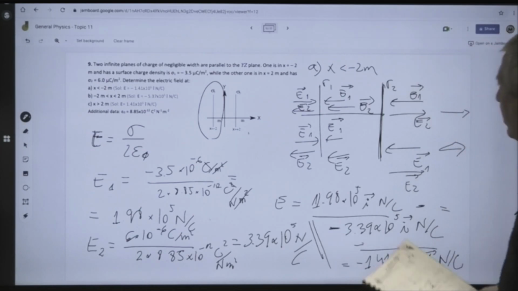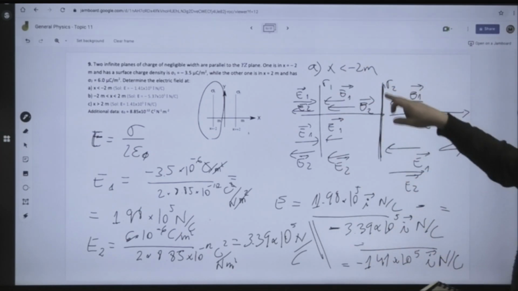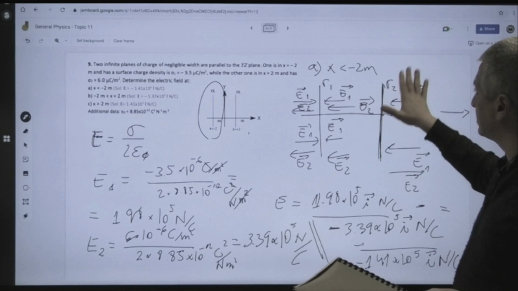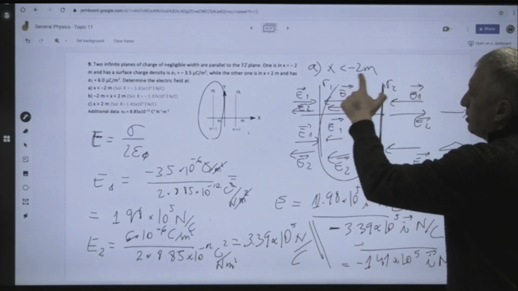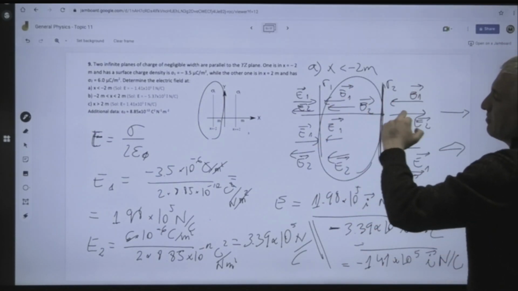Now, for the position in between the first and the second plane, which could be in this position here, what we have is E1 is negative, E2 is negative.